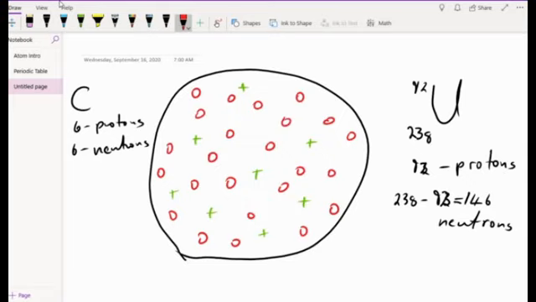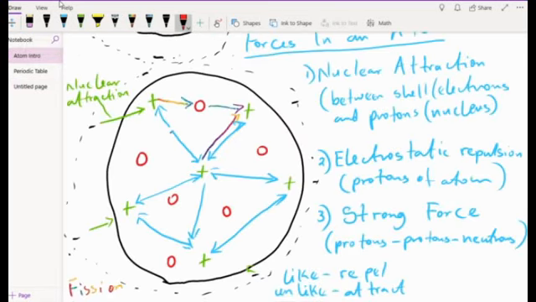So what this simply means is that the strong force, we said, exists between the protons and neutrons. There's something I left out that I wanted to say the other time.